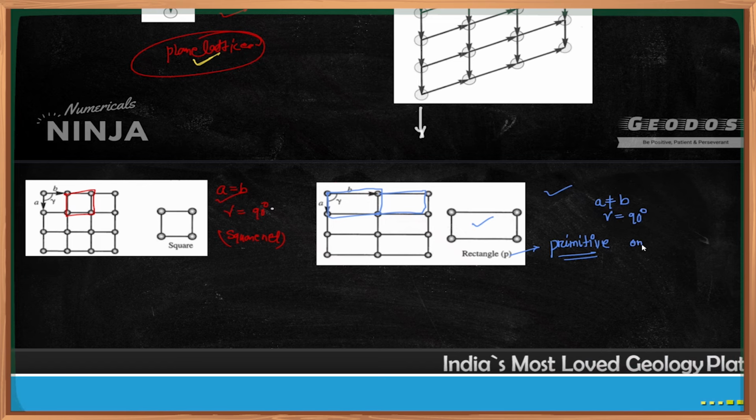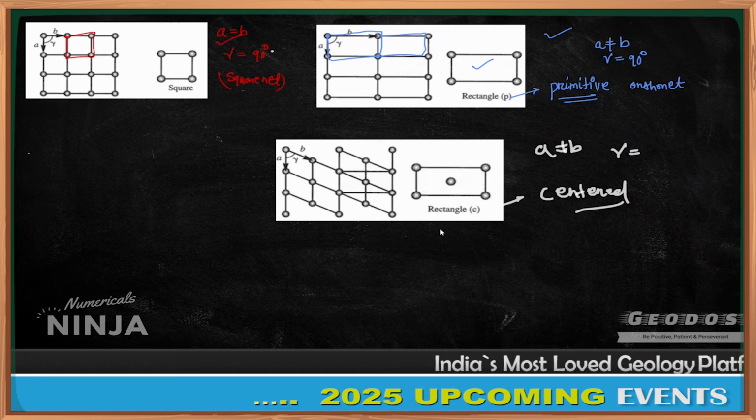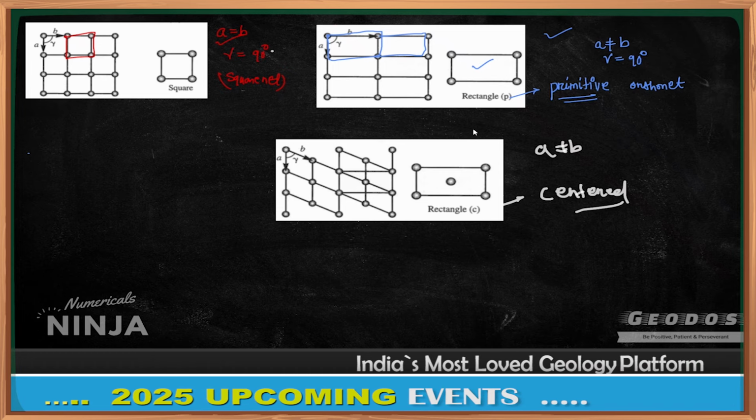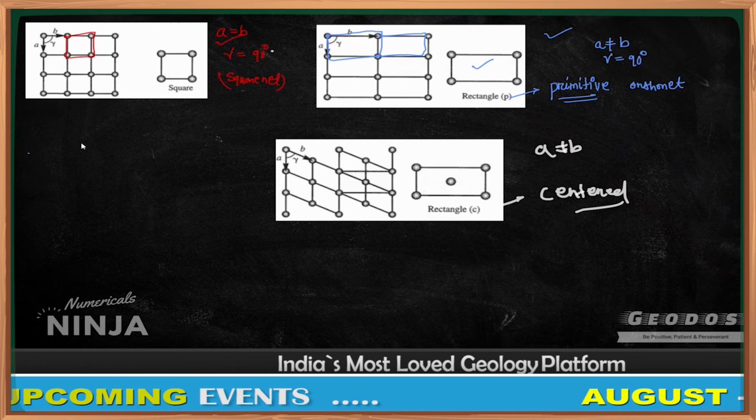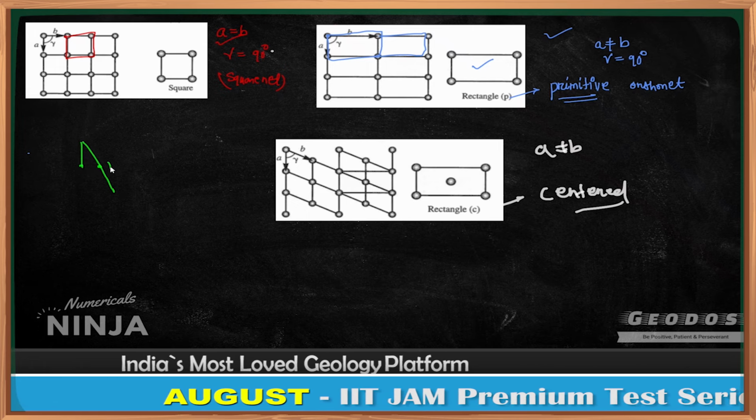C means it is centered. Okay, centered. If you try to see here, A is not equal to B, and the gamma. Just remember, in these cases there are special cases. Let me explain.